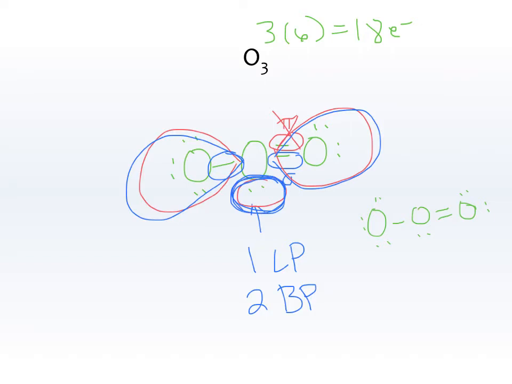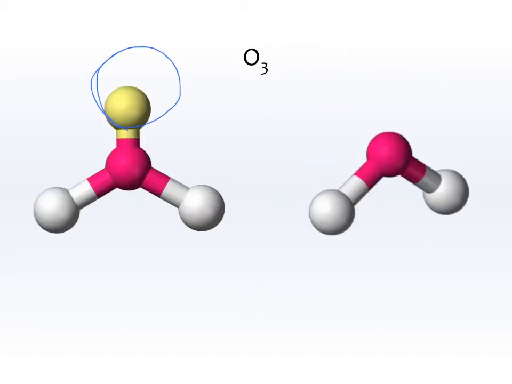And so this pair of electrons is a big giant ball of negative charge, and it's going to push these oxygens away from it as if it were an entire other atom. So those oxygens are not going to be 180 degrees apart. It's not going to be linear. In fact, this counts as my lone pair up here. It's pushing these a little bit less than 120 degrees apart from each other. It's not exactly trigonal like our AlCl3 was, but it's still pushing them almost 120 degrees away.